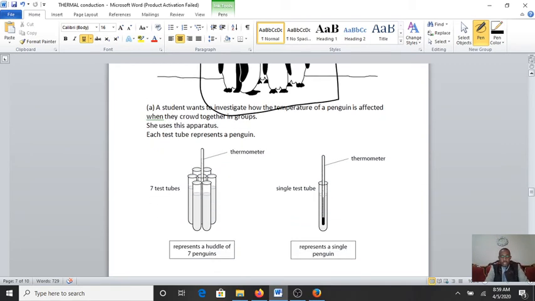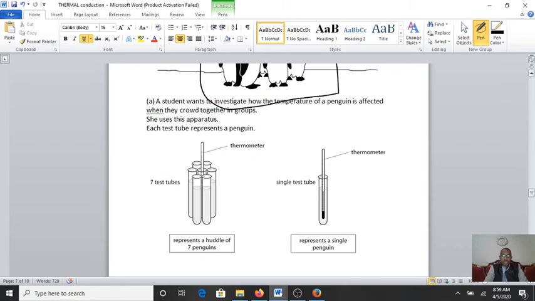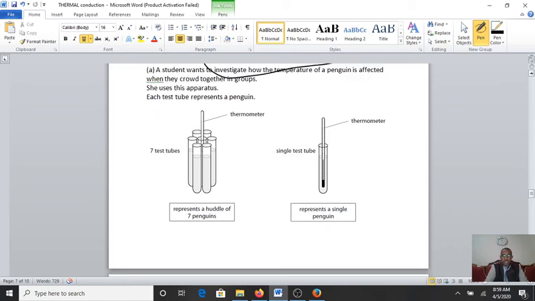So what the student decided to do, he wants to investigate how the temperature of the penguin is affected when they crowd together in groups. So this is the setup. The student decides to tie together some 7 test tubes to act as the penguins, and 1 test tube to act as a single penguin.